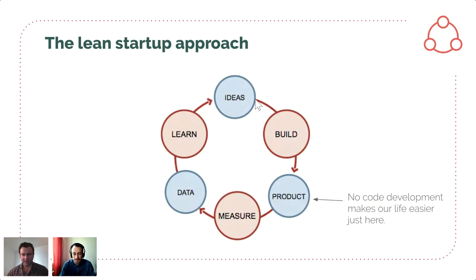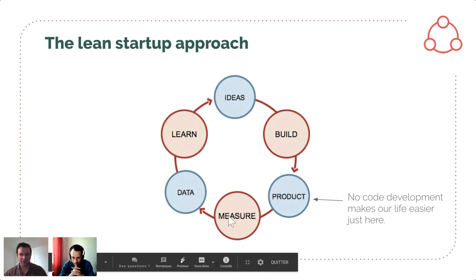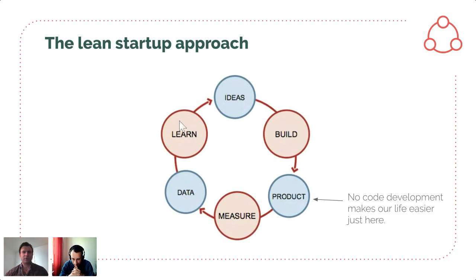You have ideas, okay. You build something, so you build a product, a first brick, and that's where no-code development makes your life easier. You build your product with no coding, for example, then you measure how people use it, you get data, you learn, you have conclusions about how they use it, then you have new ideas and build something according to how users used your skateboard.